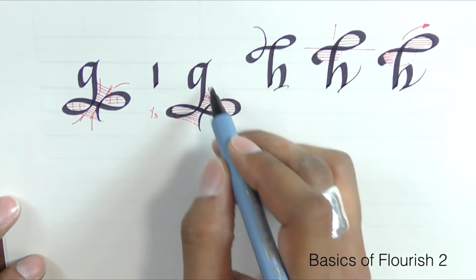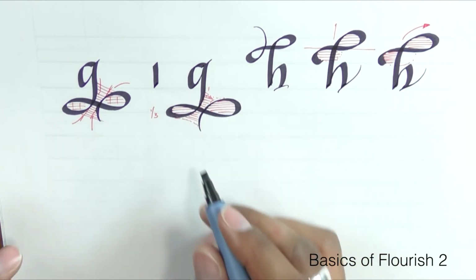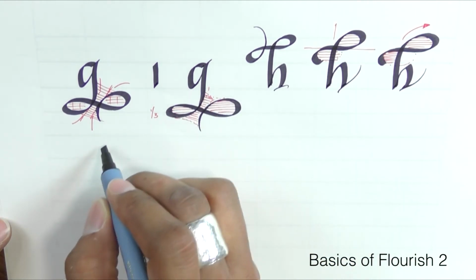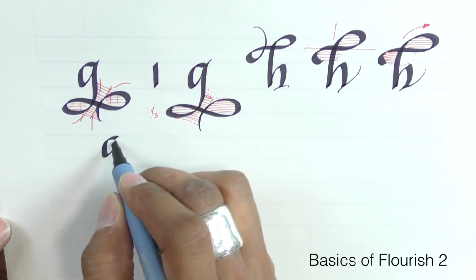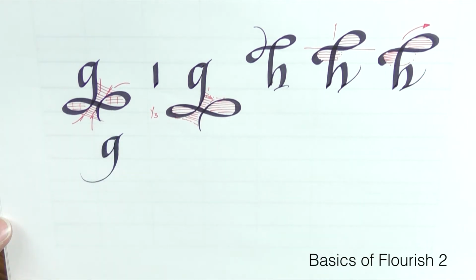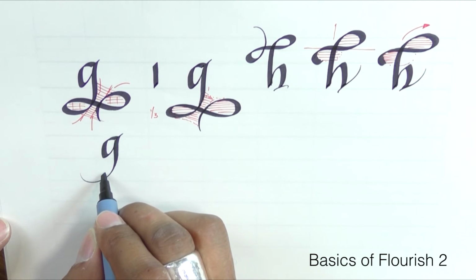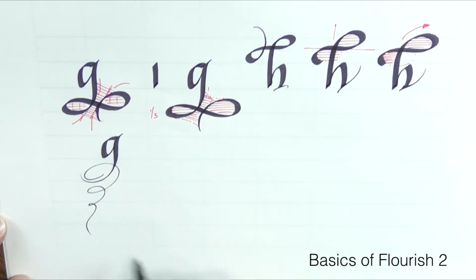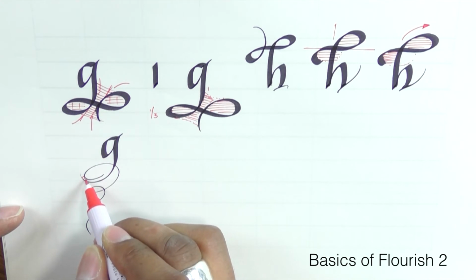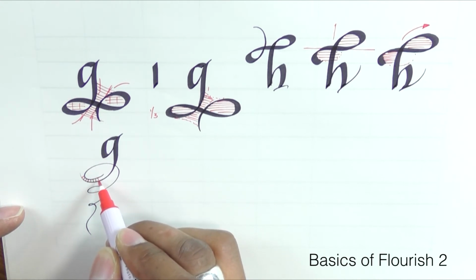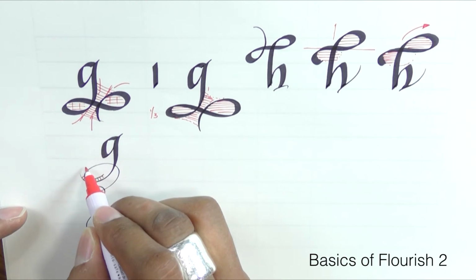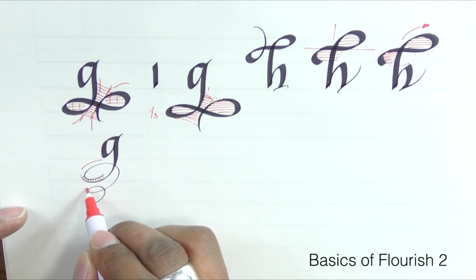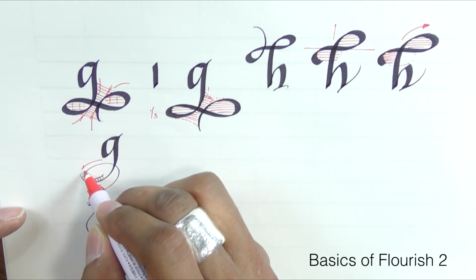Now, we don't have to do this interlacing flourish. We can move on and do a very simple curl. And that curl can have, using the corner, not pressing on the corner, a series of curls. So we can see here this is equal, and this curve is related to this curve and this curve.